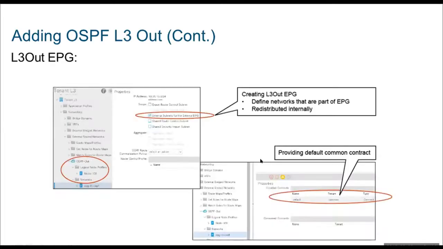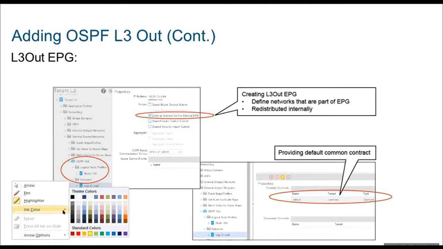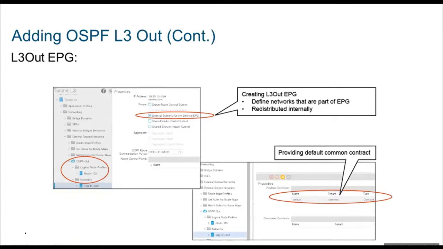The network, that's going to be the external EPGs right here. That's where you're specifying the external EPG's name and which subnets are to be learned, are to be accepted.